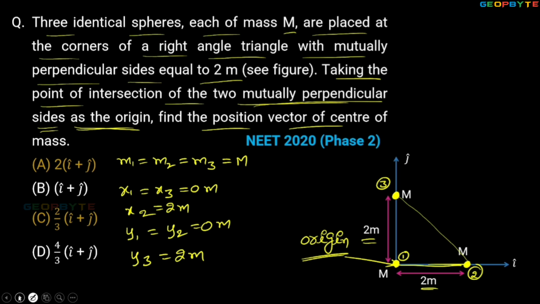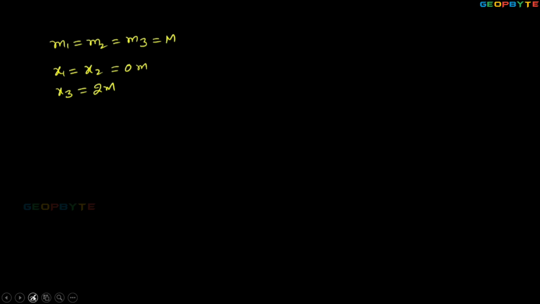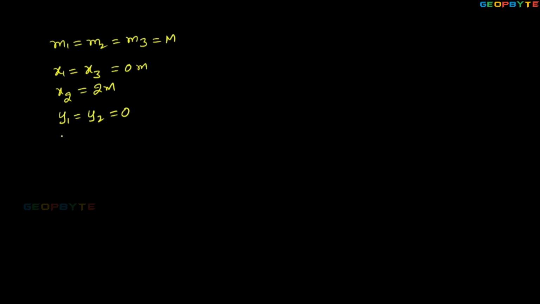So m1 equals m2 equals m3 equals m; x1 equals x3 equals 0 meters, x2 is 2 meters; y1 equals y2 equals 0 meters, y3 equals 2 meters.